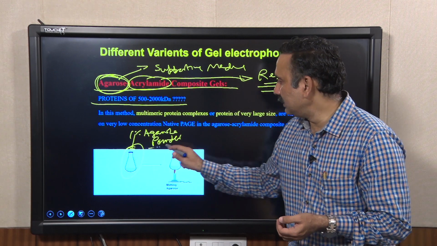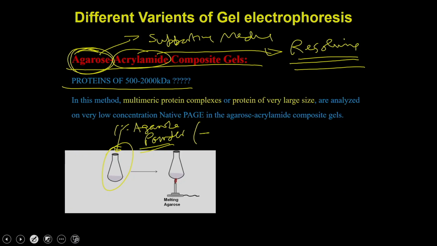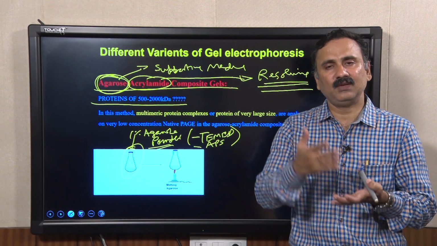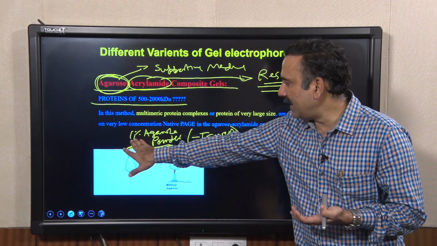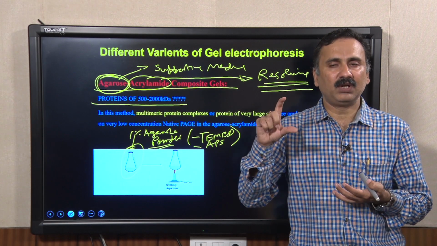You boil and let it dissolve. The only thing is that you should not add the TEMED and you should not add the APS at this step. So, you prepare the complete acrylamide solution, which means you can take the acrylamide, add the SDS, add the Tris, add everything, and then add the 1% agarose powder as per the calculation for that particular volume.